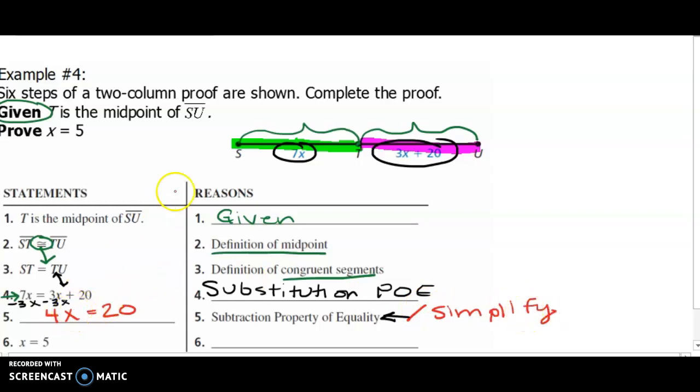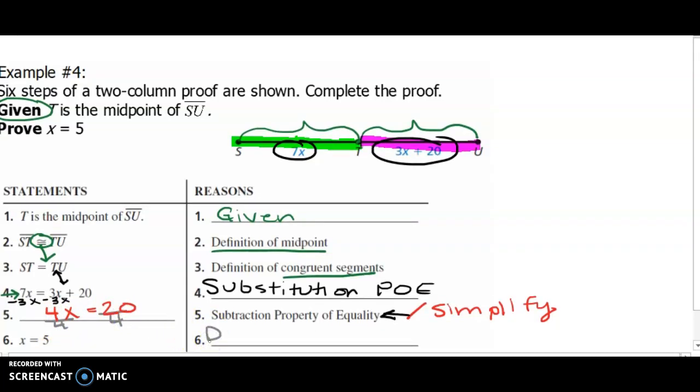And then how do we go from 4x equals 20 to x equals 5? Well, we divided both sides by 4. So we used the division property of equality, and then we simplified it to x equals 5.